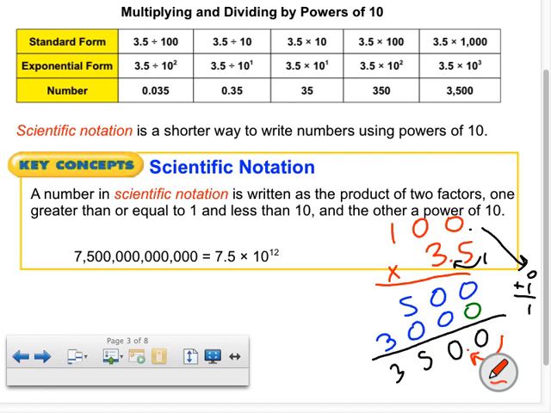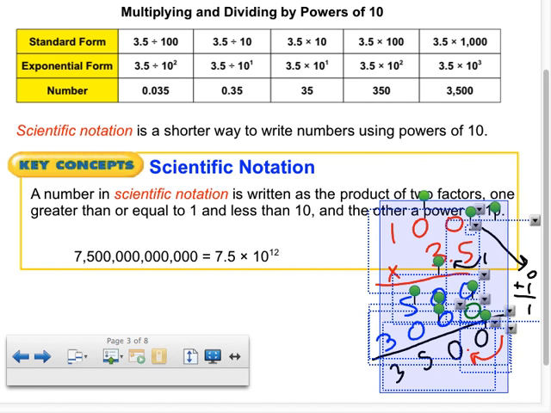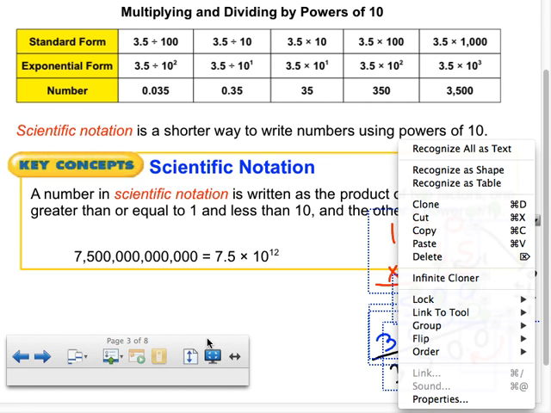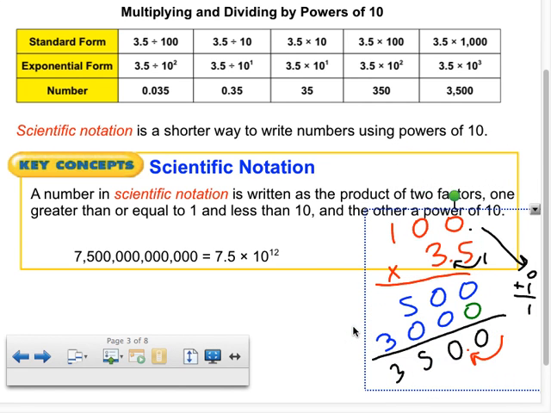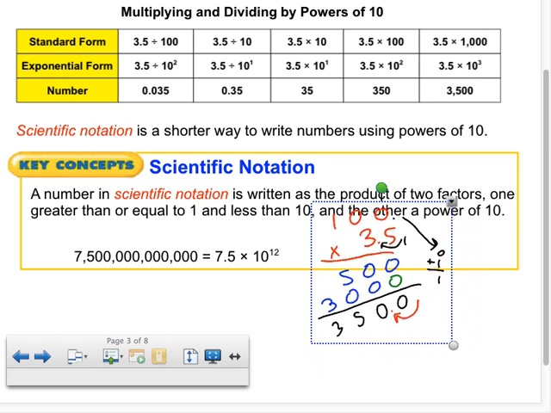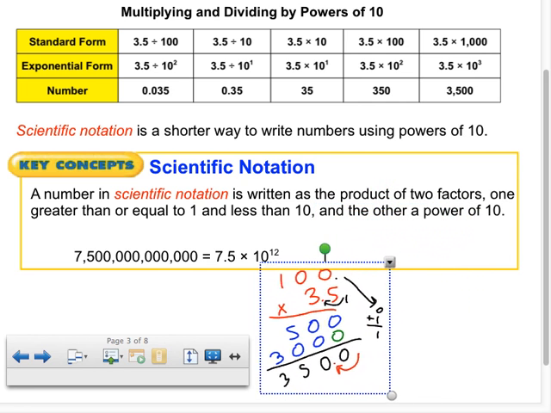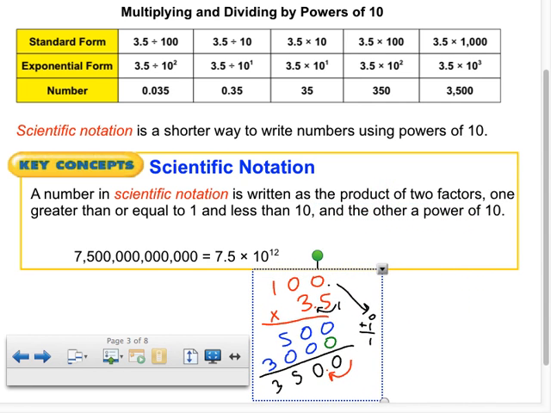So here's my answer once I've done all this. What's my answer? 350.